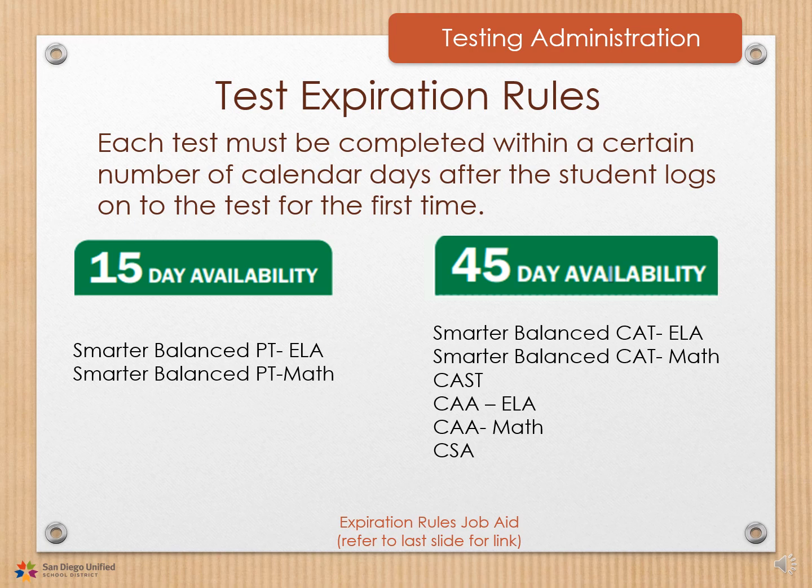To request that an expired test be reopened, the coordinator should file a Security and Test Administration Incident Reporting System, or STARS, case. When a test is reopened, the expiration rule is 10 days.